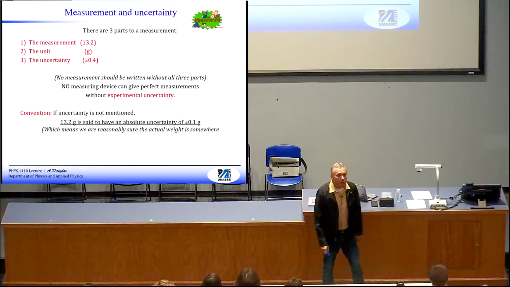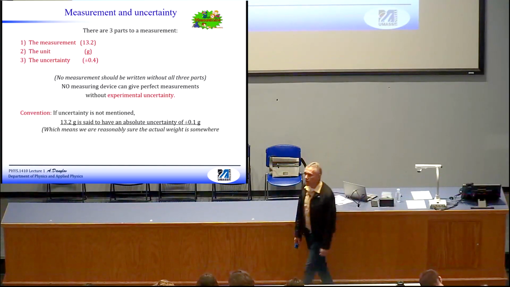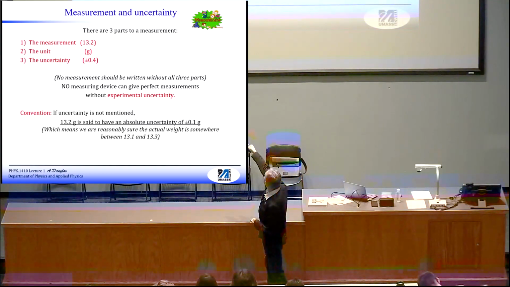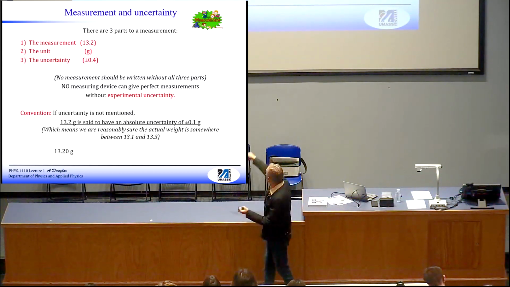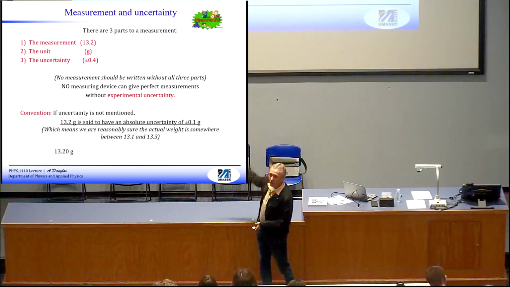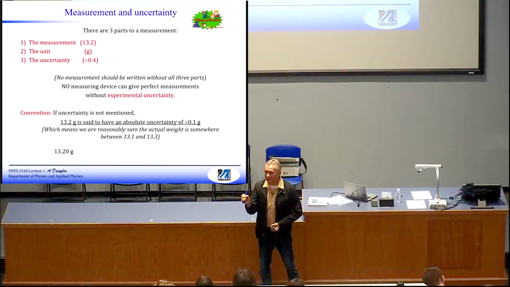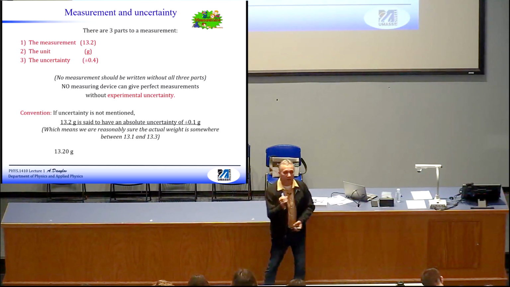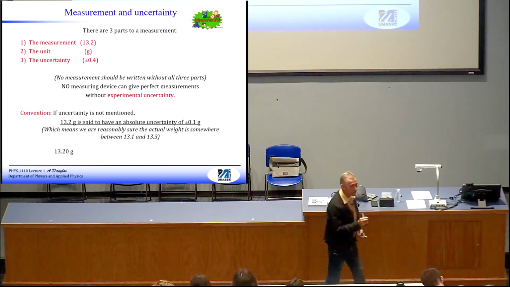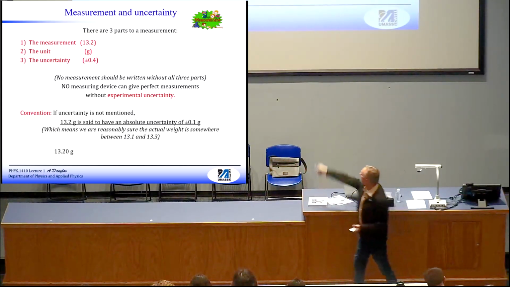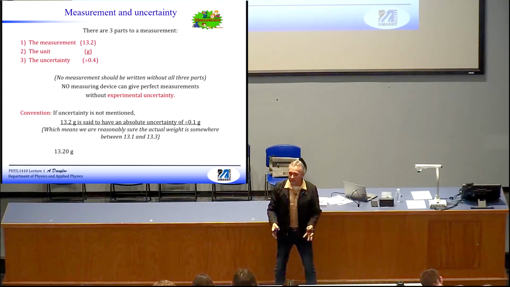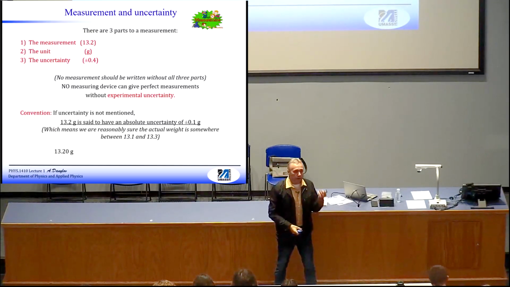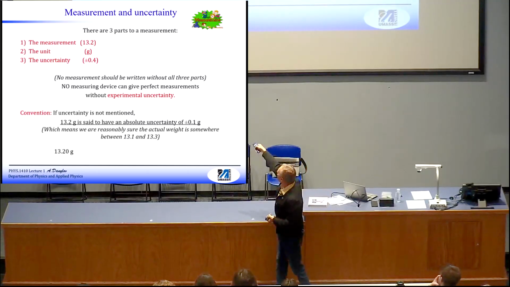All right, so we're going to use this convention. Then let's assume that somebody wrote something which looks like this, 13.20 grams. It looks like what's the waste of ink and space adding that zero. But in this case, according to this convention, this zero is extremely important. Essentially, it means that this person now invested more money, got a better scale, and now the accuracy of the results went up.